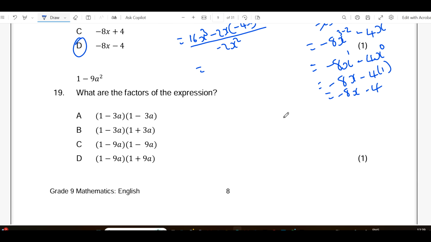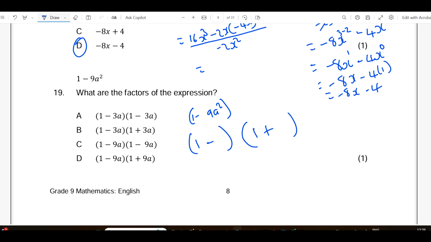So let's proceed to number 19. What are the factors of the expression? This is a difference of two squares, 1 minus 9a squared, because 1 is a perfect square and 9 is a perfect square. We have 1 here, 1 here, we have minus, and then we have plus.